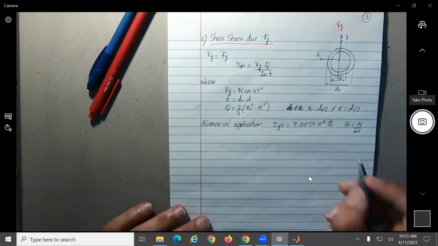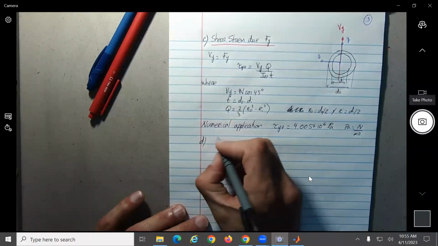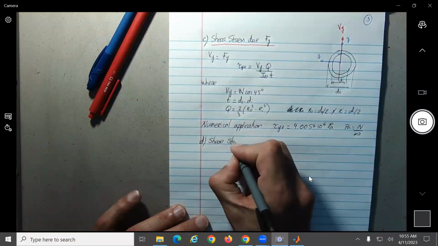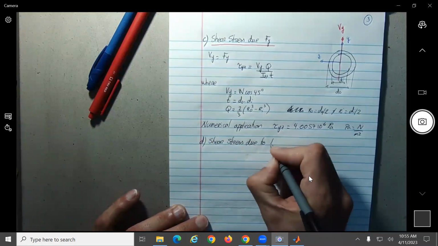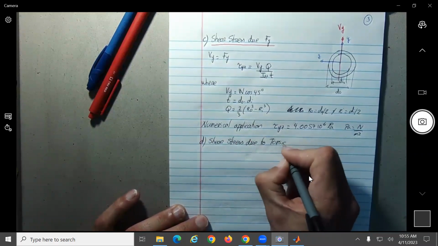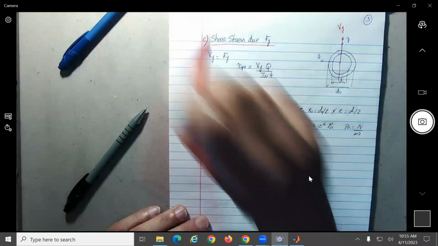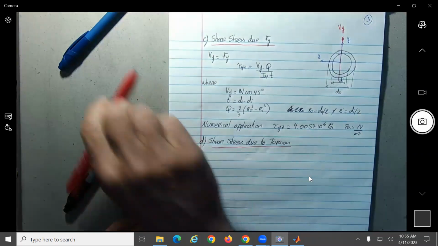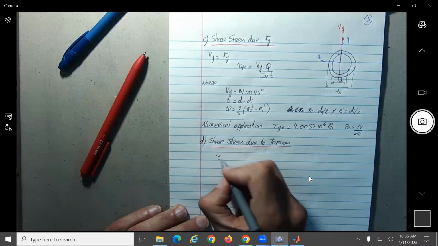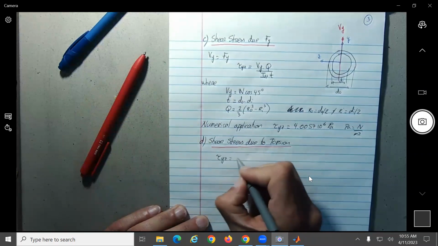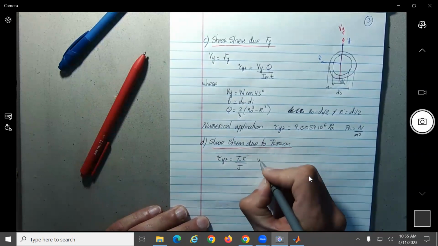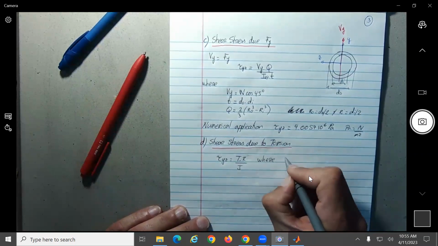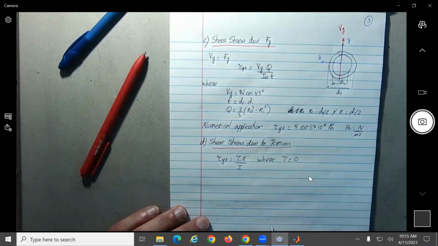So let's see if we can finish quick. D, shear stress due to torsion. So this is what? Tau YZ would be equal to what? T times R divided by J. But in this problem, there is no torque, no?